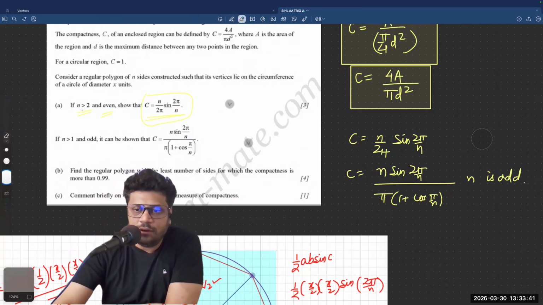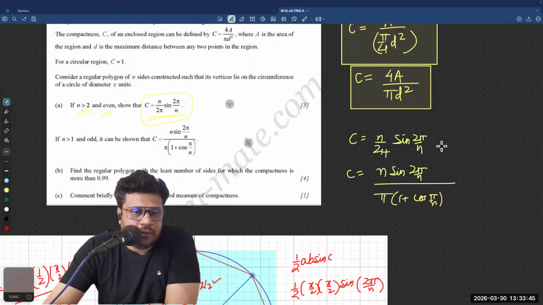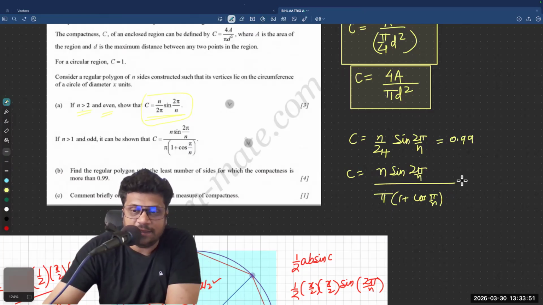If you're supposed to see the number of sides for which the compactness is more than 0.99, I'm going to go find out when is it really a 0.99. At what value of n is it a 0.99?